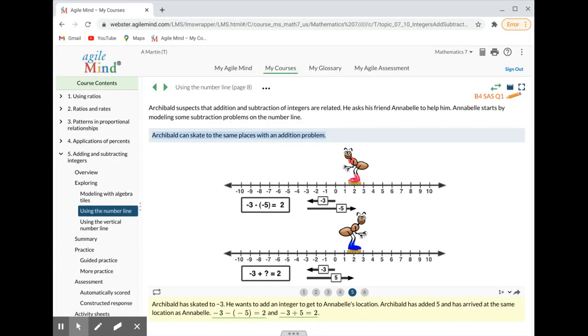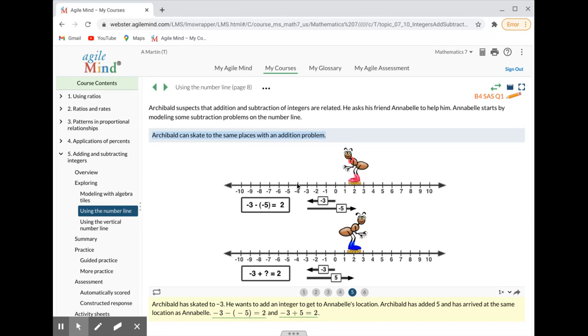Okay. So in that case, we saw Annabelle skated backwards to get to +2, but Archibald knew, hey, I don't have to do that because subtracting a negative is the same thing as adding its opposite, or its additive inverse. So I can skate in the correct direction of going positive and I don't have to worry about falling down like Annabelle.